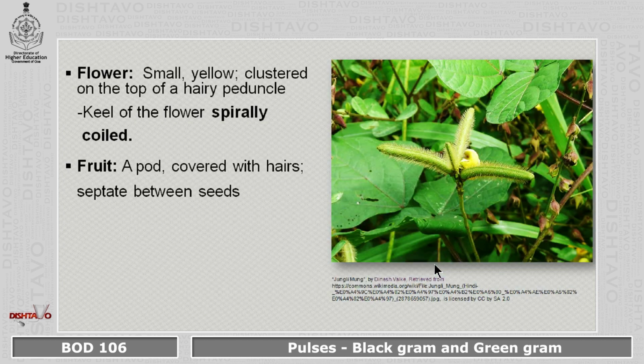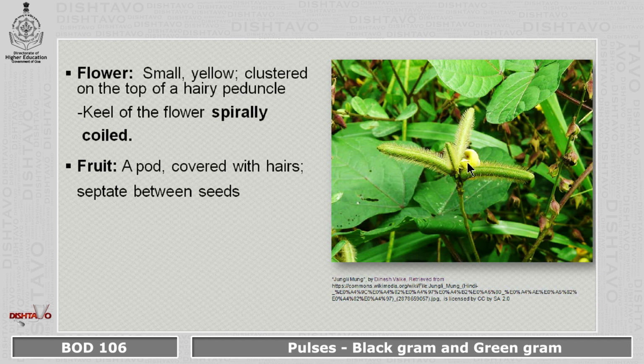About flowers, flowers are small, yellow, clustered on a little bit longer hairy peduncle. Peduncle is here, it is the stalk of the inflorescence. And on the peduncle you will find a cluster of flowers, but here already the fruits have formed. You can see one flower is there, a younger one.